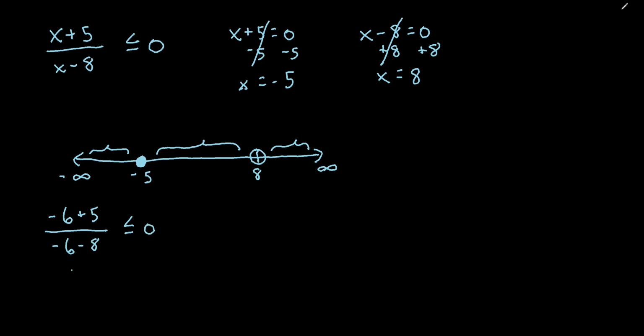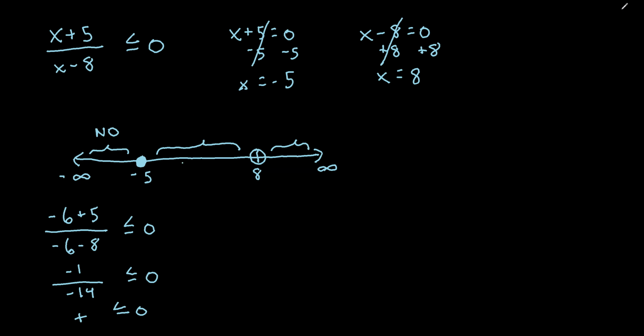Negative 6 plus 5 is negative 1, and negative 6 minus 8 is negative 14. A negative divided by a negative is going to produce a positive number. So is a positive number less than or equal to 0? No, that's not true. So we're going to write a no for this region. These values for x are not valid. They do not produce an answer that's less than or equal to 0.